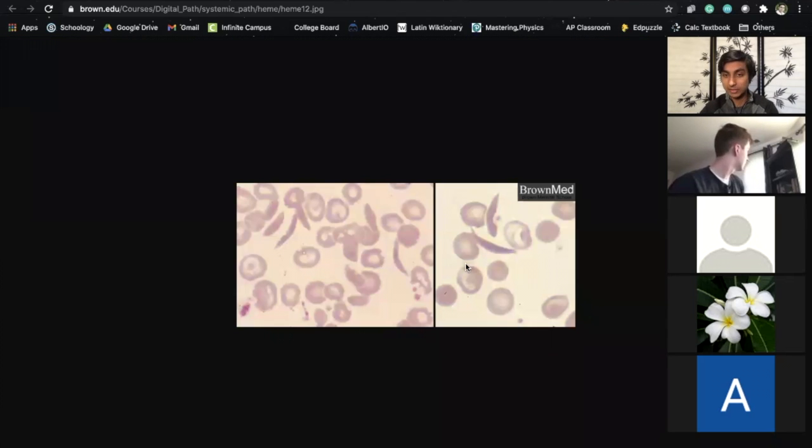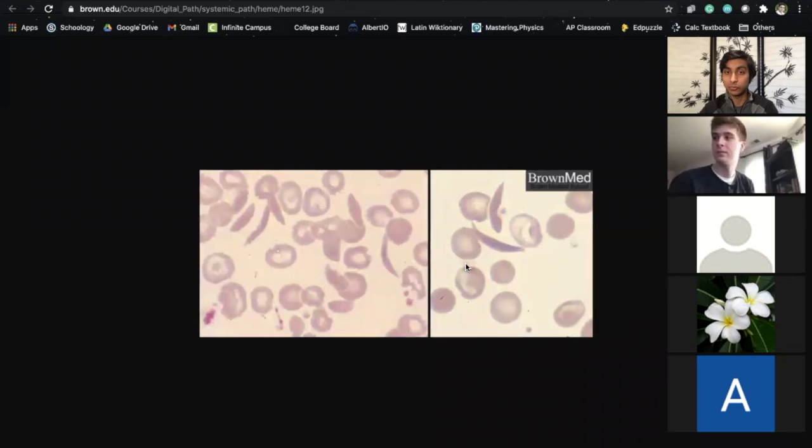Here you can see exactly the difference between our normal hemoglobin cells, which are round and have that little dip, kind of like a boat for the hemoglobin and oxygen to be carried. On the other hand, you have our sickle cell, which you notice does not have the hemoglobin proper, and so it makes it much less effective.